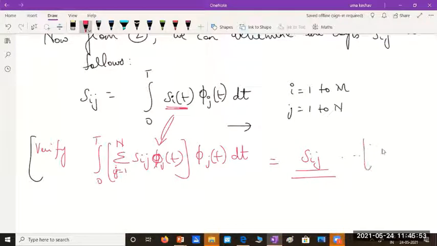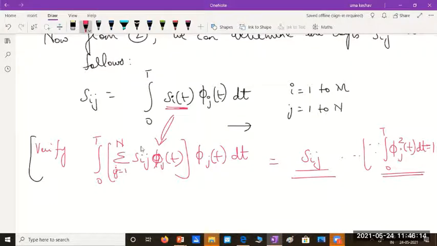You say, because integral of phi j square t dt is equal to 1. We know all these have unit energy. All the 5 values are unit energy signals.